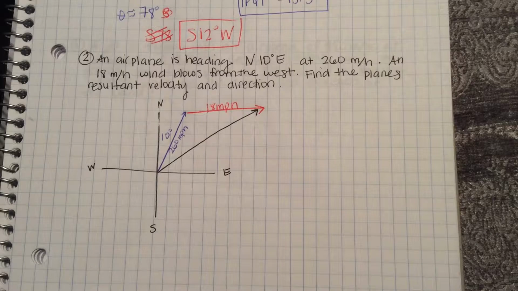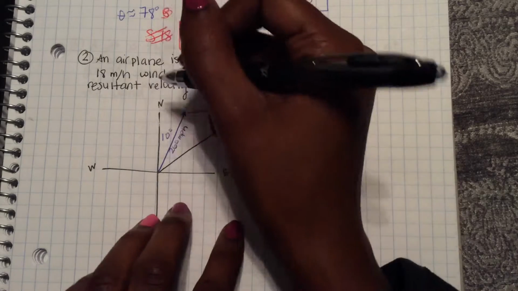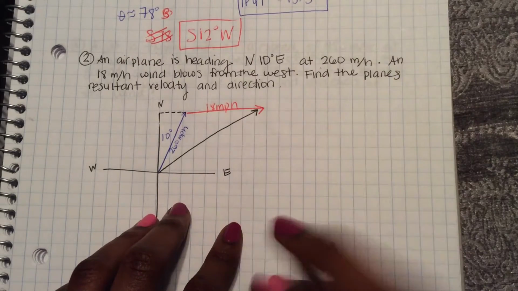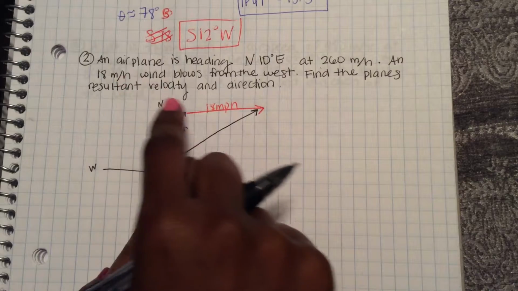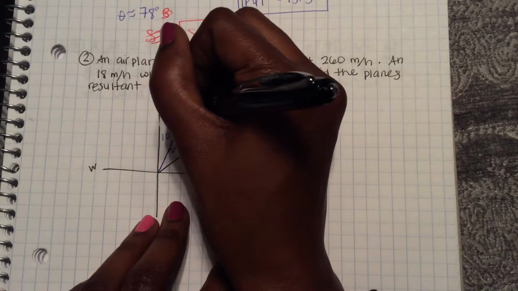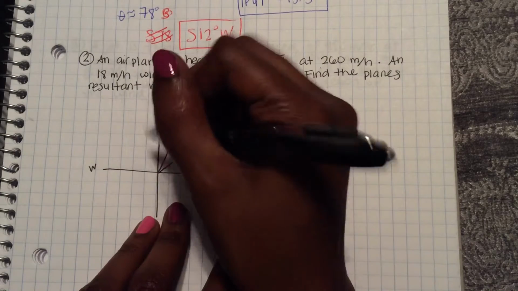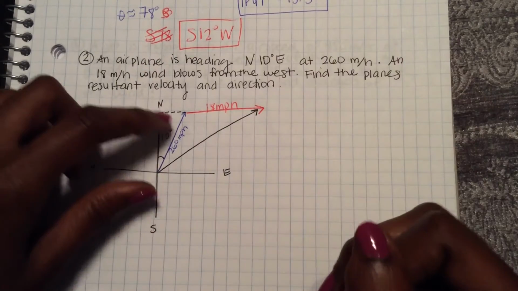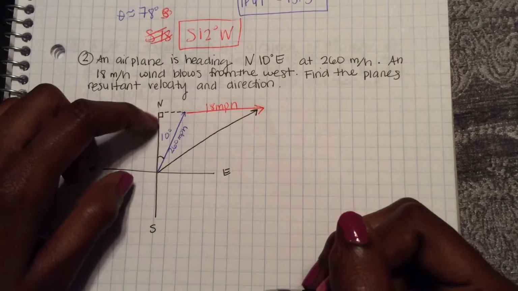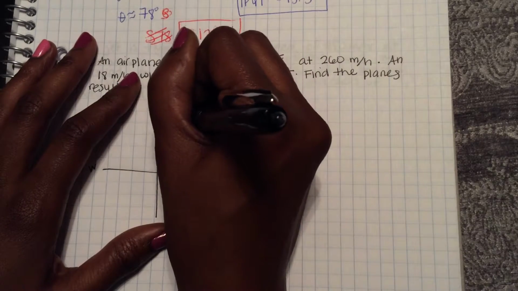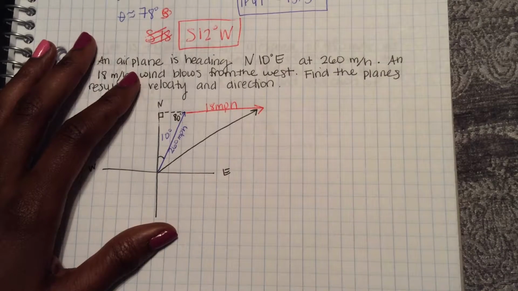So I need some more angles in this picture. It's very confusing as of now. So what I can do is draw a line right there. That is the wind vector, and it's going to be perpendicular to this axis. So if this angle is 10 and this is 90, 90 plus 10 is 100, so that means this angle here has to be 80 degrees.